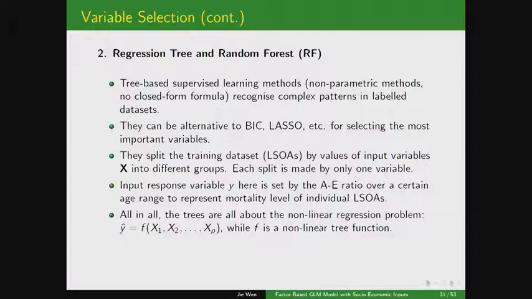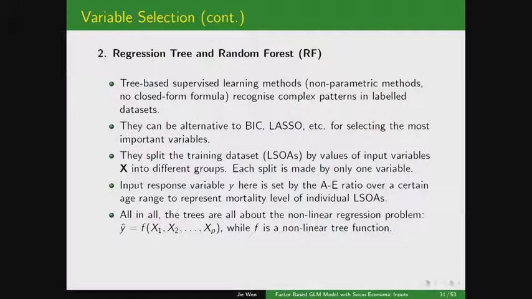They are tree-based methods. They are supervised learning techniques, and they are non-parametric, which means there's no closed form formula. They have functions, but you can't write them as something like f(x) equals ax plus b. Here in this talk, they can be an alternative to BIC or Lasso for selecting the most important variables.